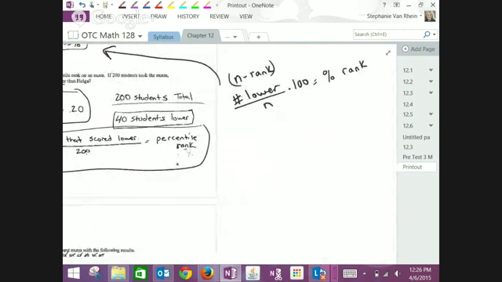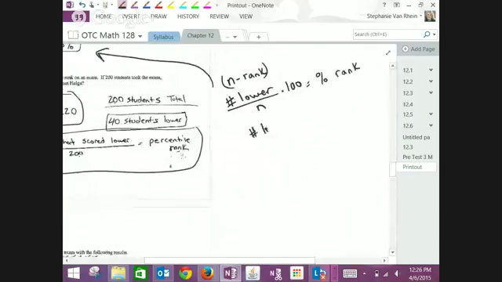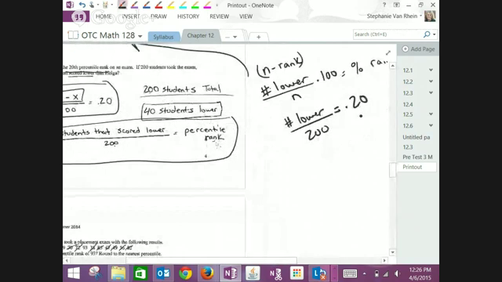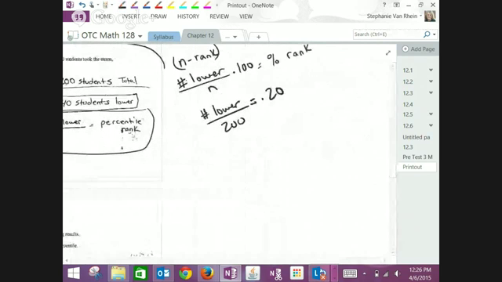We were given the percentile rank, so number lower out of 200 times 100, which if we just convert it to a decimal, the 20th percentile rank would be 0.2. So to calculate the number lower, you just take 0.2 times 200.